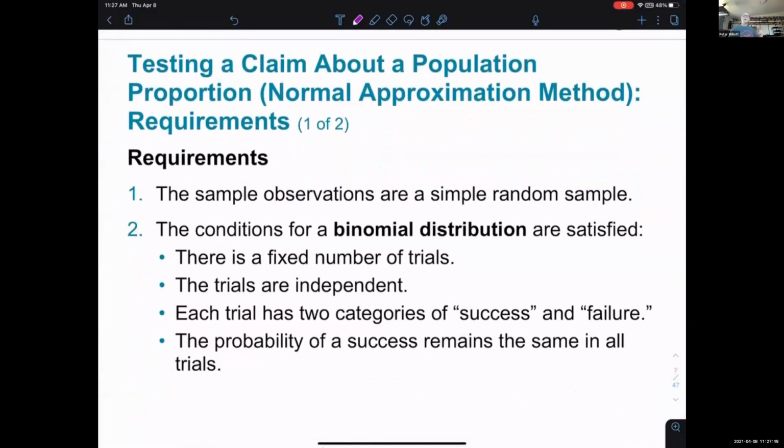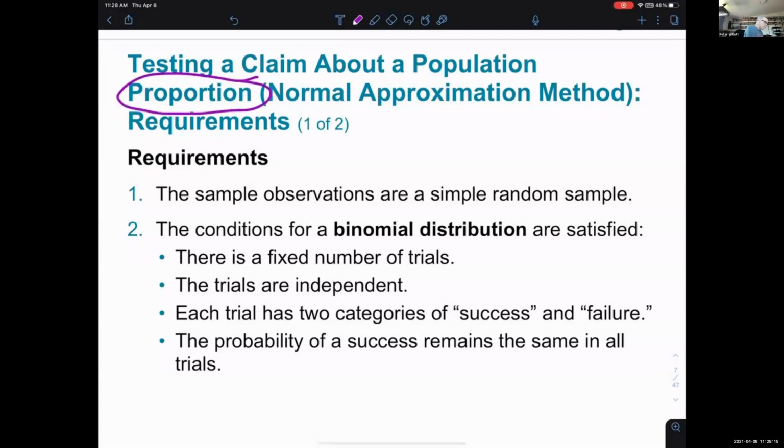So let's remind ourselves when we have a population proportion test. Here are some requirements, and they're focusing on the normal approximation method, meaning using normal to approximate a binomial. But proportion does have the same characteristics as a binomial distribution, so we can focus on those characteristics. So what do we mean when we say proportion again?